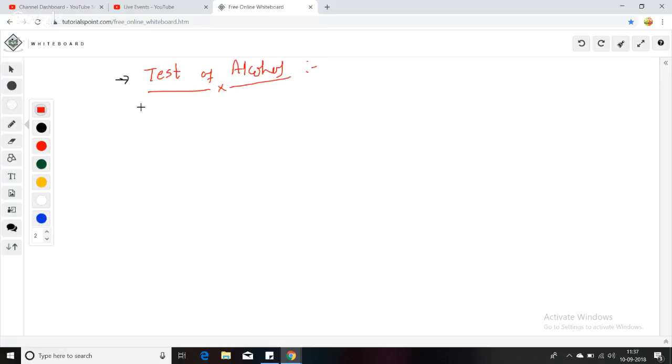So the first test, that we call the Lucas test. For this we use anhydrous ZnCl2, the Lucas reagent. You must remember, sometimes in medical exams also they ask: what is Lucas reagent?